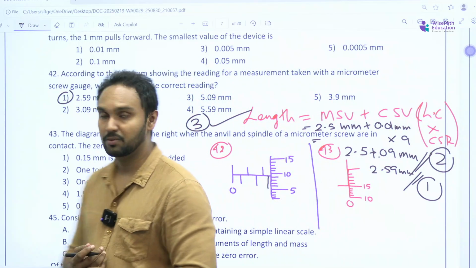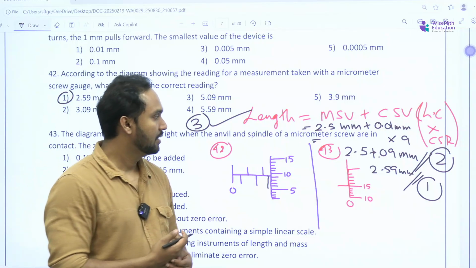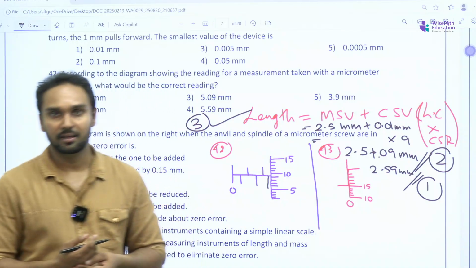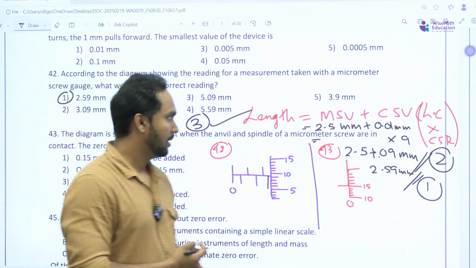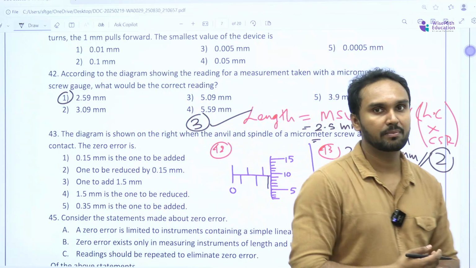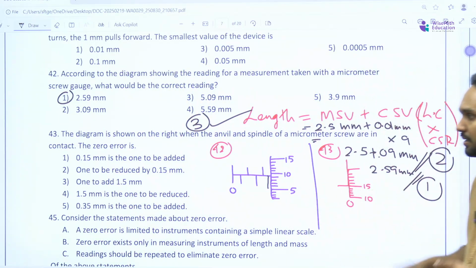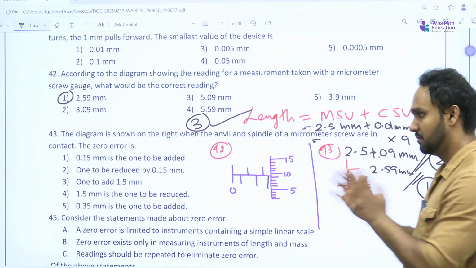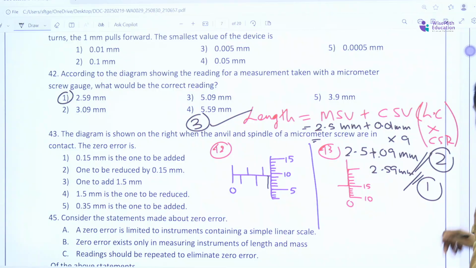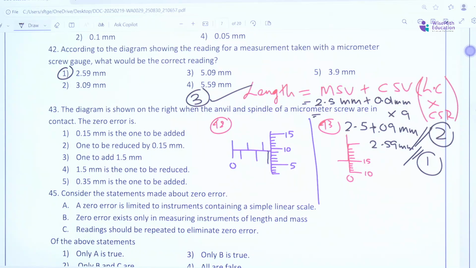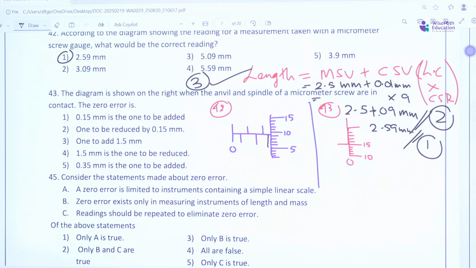You'll be losing 5 marks out of 6. You're only getting 1 if you answer it like that, right? So don't do that. Always write the formula, apply the values and the units, simplify it and get the final answer with the units, right? That's the best way to get the complete number of marks. Right, that is 42. I'll come to 43.